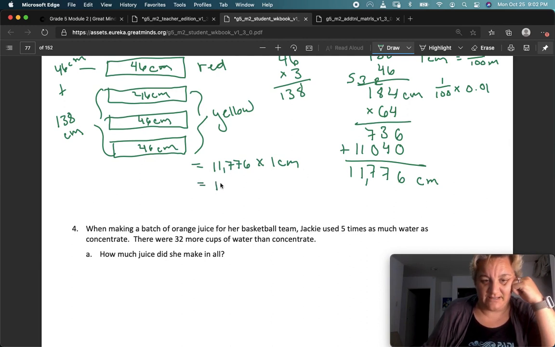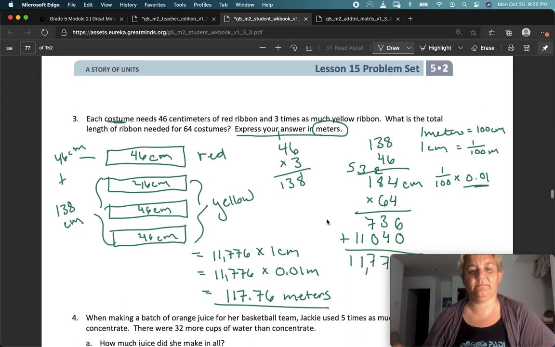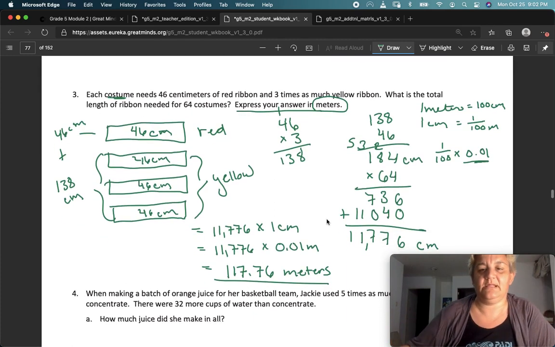Then I've got 11,776 times, now here's what I said, 1/100th to turn it into meters, which equals, what is that? Multiplying that is 117.76 meters. Okay, there's my answer. Let's write it out.